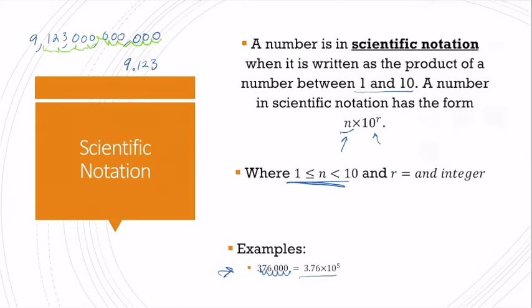Let's find out. Well, I would have to move the decimal over 1, 2, 3, 4, 5, 6, 7, 8, 9, 10, 11, 12 times, right? So 9.123 times 10 to the 12th seems like a lot less work to write. So that's when scientific notation can be the most helpful.